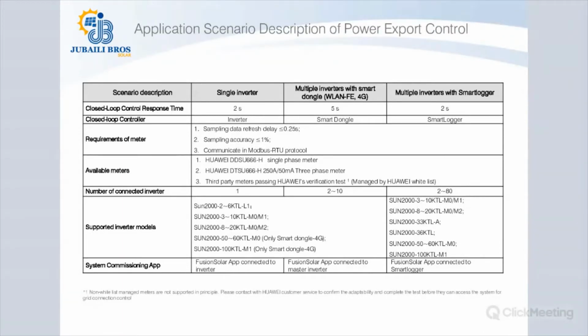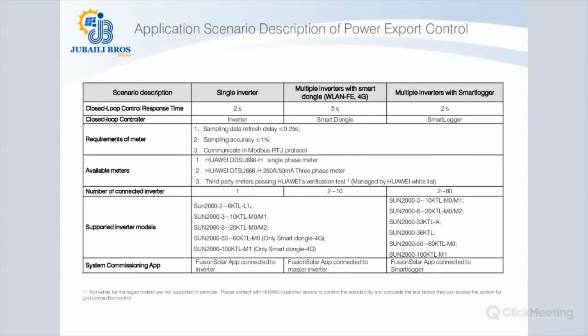So we have the DDSU 666H single phase meter for the single phase inverters and applications. And we have the DTSU 666H 250 amps over 50 milliamps for the 3-phase inverters and 3-phase scenarios. And then we also have a compatible list of third-party power meters verified by Huawei and managed by the Huawei whitelist.